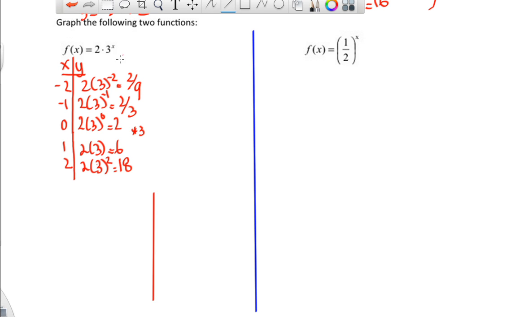I'm getting small values over here, right? So on the y side, on the negative side for x, I'm getting some rather small values, so that means that it's approaching the asymptote on that side. And then at 0, I'm at 2. At 1, I'm at 6.